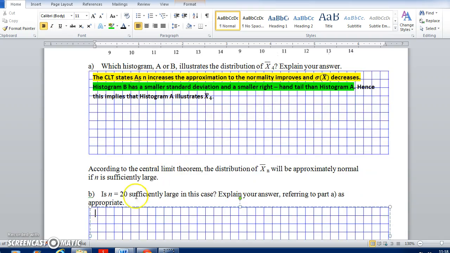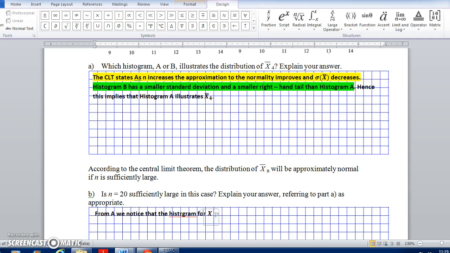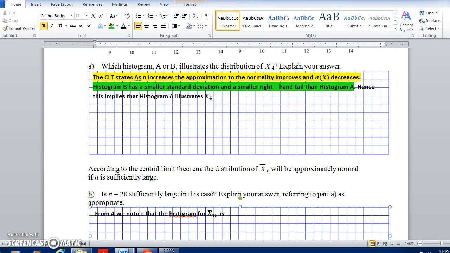So from A, we notice that the histogram for X bar 15 is symmetric.